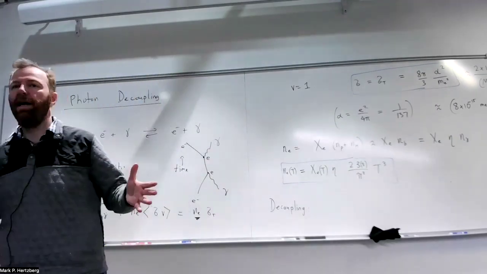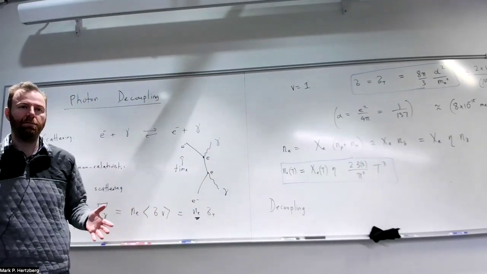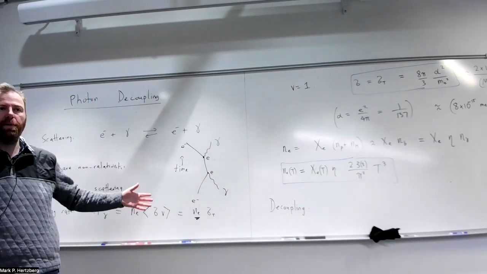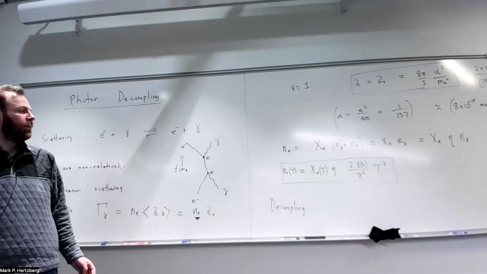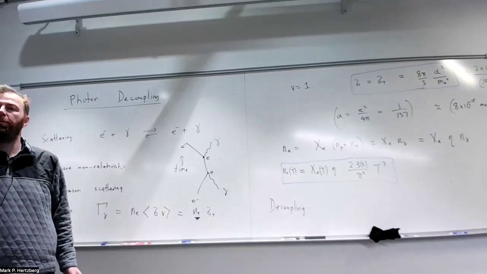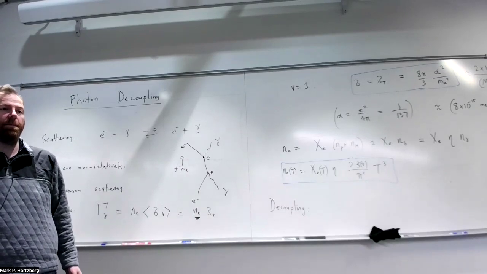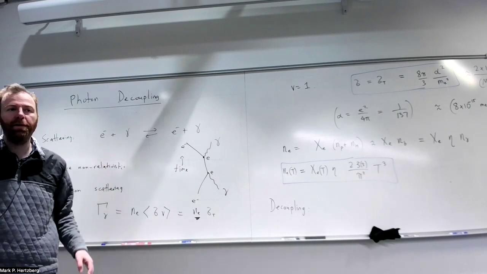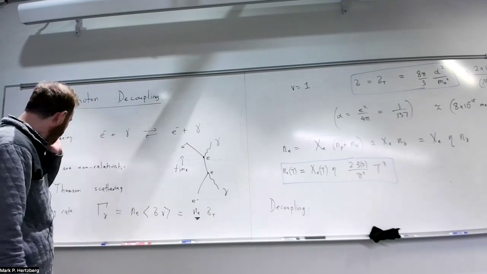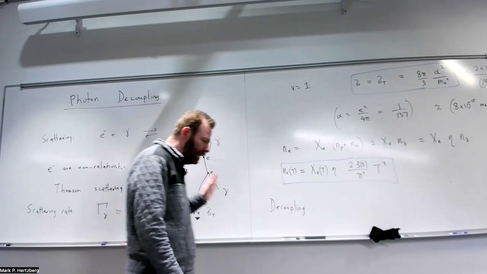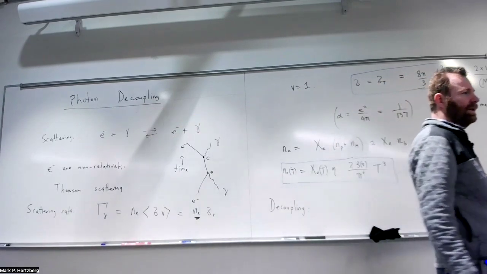Are these photons actually going to meet this electron and scatter? What should that rate be compared to?